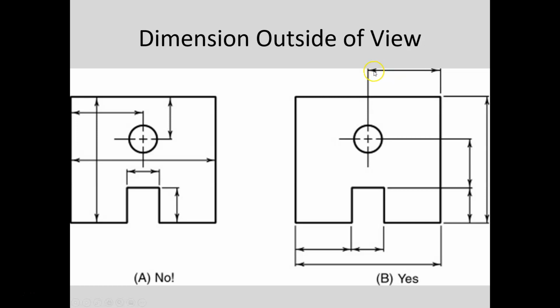So the dimension line is the line in between the arrows. An extension line is the line that comes off of the object and goes out and is on either side of the dimension line. So we can cross, do we have any here? No. We can cross dimension lines and extension lines, but we cannot cross dimension lines.